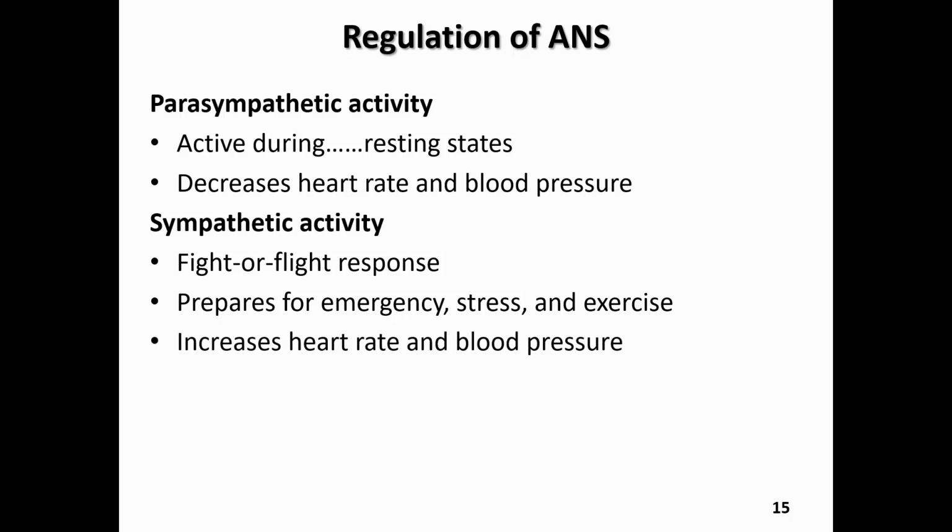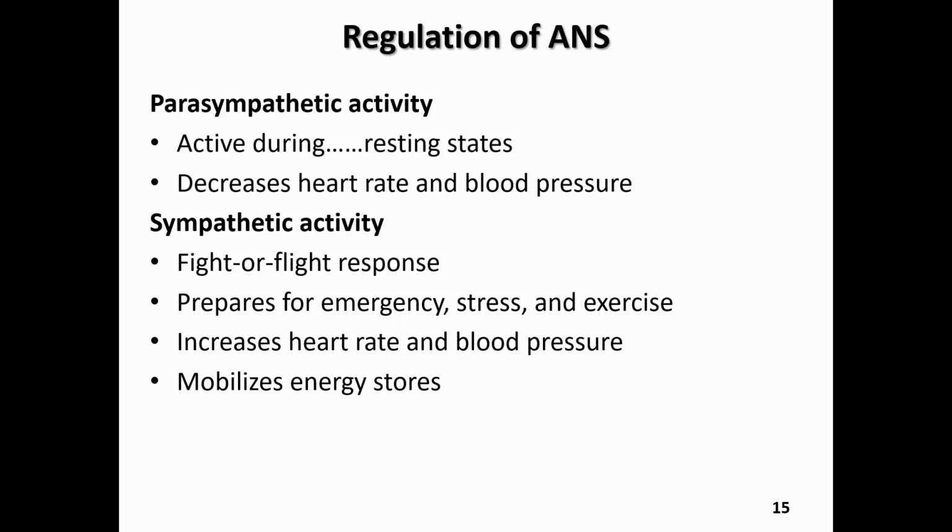Some of the effects exerted by the sympathetic nervous system is an increase in heart rate and an increase in blood pressure. Because activation of the sympathetic nervous system will increase the secretion of adrenaline types of hormones, these hormones will have an excitatory effect on various cells in the body that will mobilize energy stores.